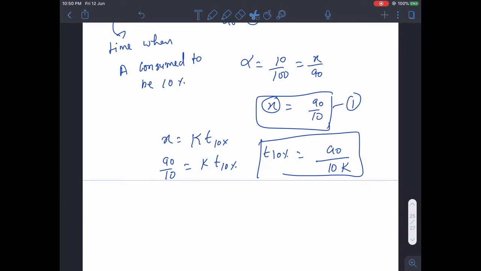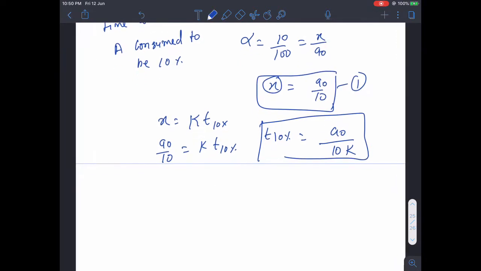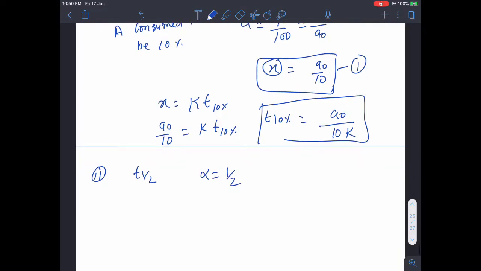Now, can you similarly calculate what will be the value of T half? What is the meaning of T half? T half means the time required to complete half of the reaction, or in another word, the time when alpha becomes half. So, alpha is half means x by A naught is becoming half, so x value is A naught by 2.